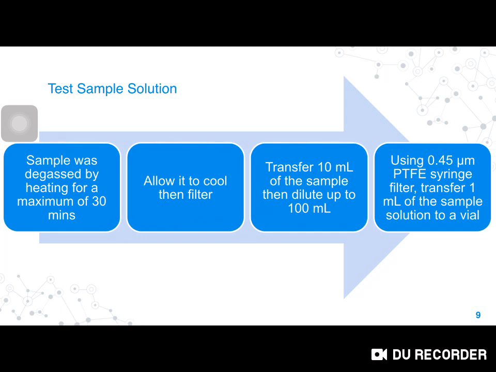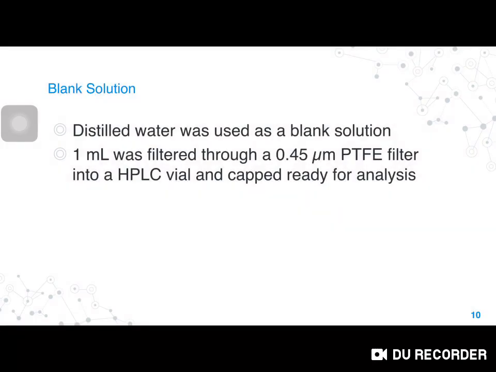Using a syringe filter, 1 ml of sample solution was transferred to the HPLC vial. Blank solution was distilled water. It is still necessary to filter the blank solution to avoid any penetration of particulates.